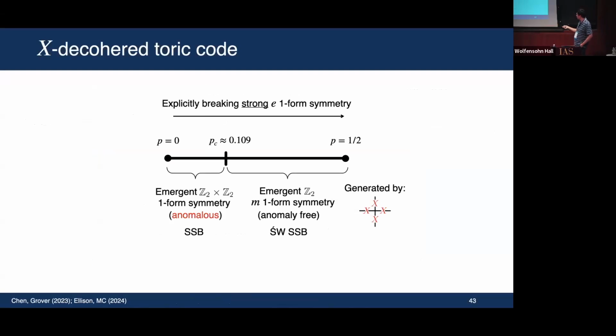And this symmetry is spontaneously broken, so that's one way to think about the topological order in this region of the phase diagram. Now, on the other side of the phase diagram, we still have an emergent Z2 one-form symmetry, but it's not free, and it undergoes a strong to weak symmetry breaking, which can be made more precise, but I'm not going to do that. At the p equals 1/2 point, it is generated by this product of X operators.